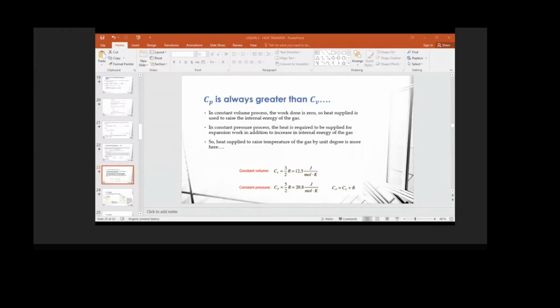Let's go. Who wants to attempt that? All right, so the question is, why does the Cp value, which means the amount of heat required to change a mole of gas by 1 Kelvin at constant pressure, why is that value greater than the Cv when the volume is constant?